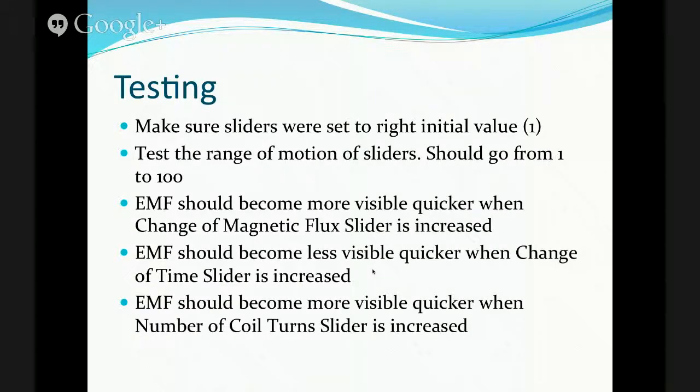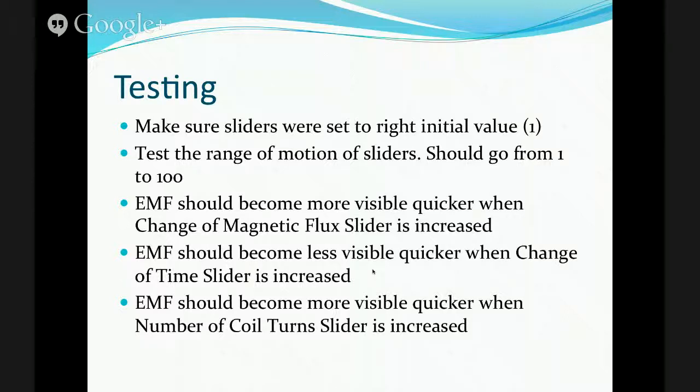Testing. We had to make sure that lots of things worked before we could say that the project was ready. So first, we had to make sure the sliders were set to the right initial value, which would be 1. We needed to test the range of motion of the sliders when the program runs, with integer values only. The EMF should become more visible quicker when the change of magnetic flux slider is increased. On the schematic, it grows, and the higher you set that magnetic flux slider, the faster it grows.